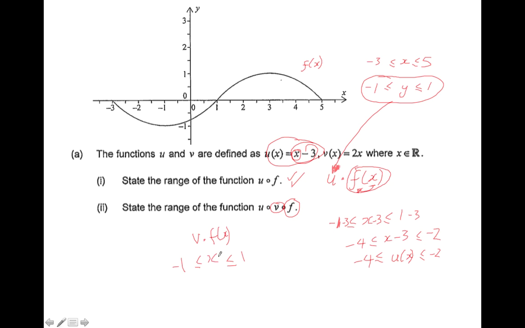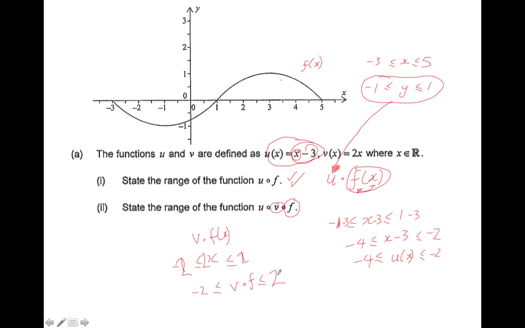But when we feed in the values, the function v takes the inputs and times them by 2. So we have a 2 here. We times this by 2, and we times this by 2. So we can clearly see that -2 is less than or equal to v of f, which is less than or equal to 2.